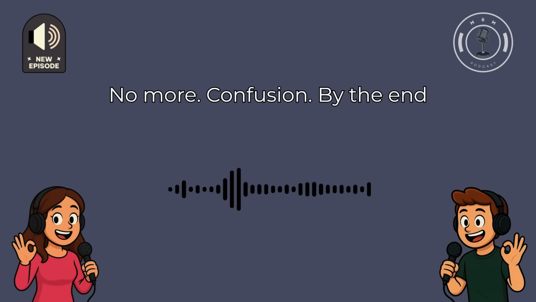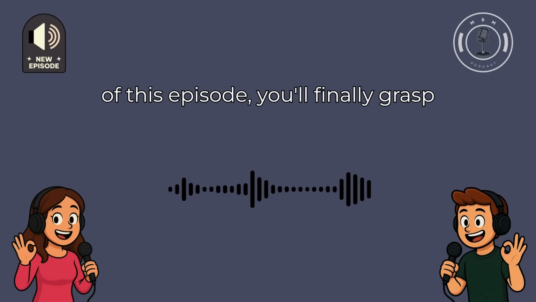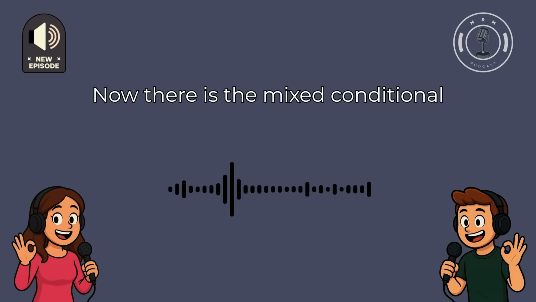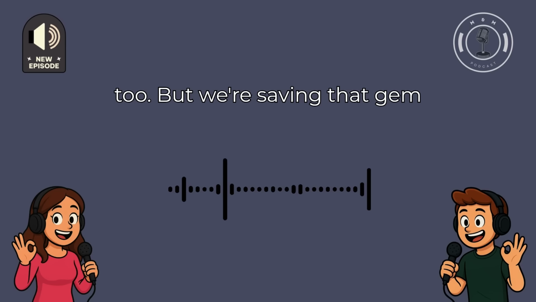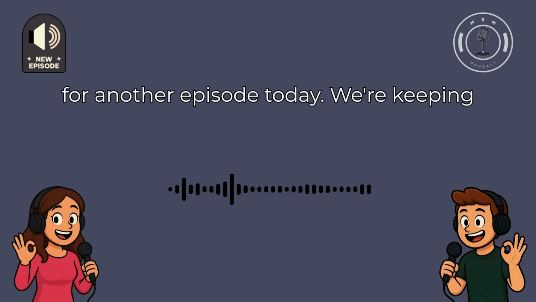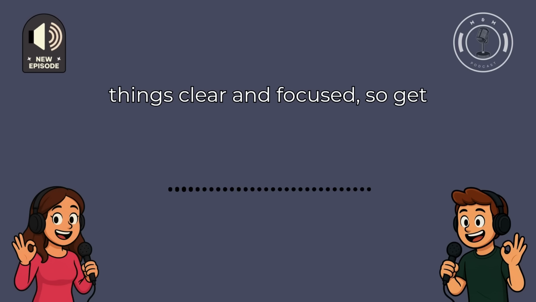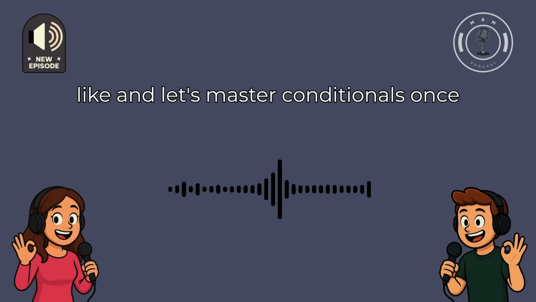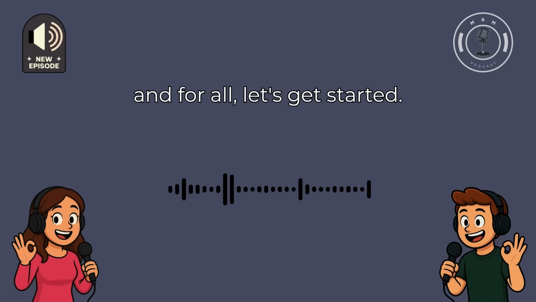No more confusion. By the end of this episode, you'll finally grasp the differences between all four types. Now, there is the mixed conditional too, but we're saving that gem for another episode. Today, we're keeping things clear and focused. So get comfortable, grab a notebook if you'd like, and let's master conditionals once and for all.